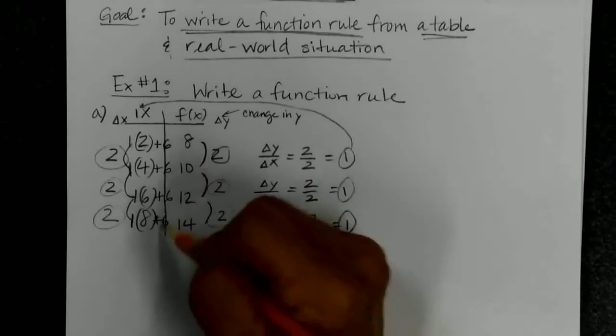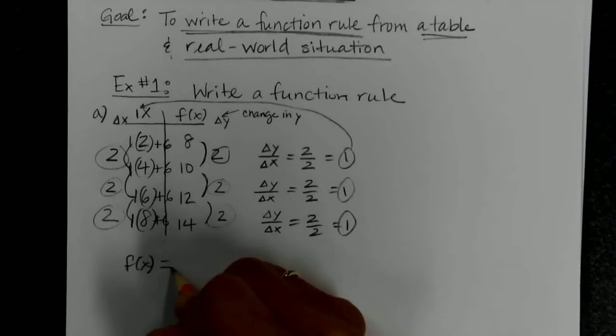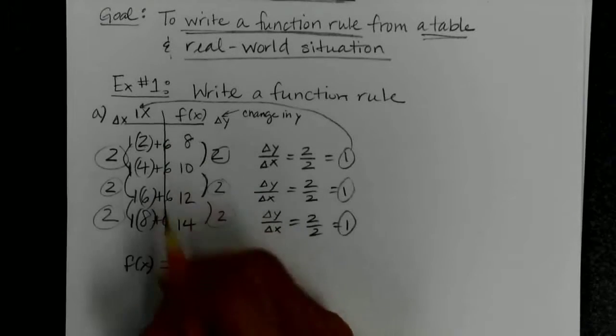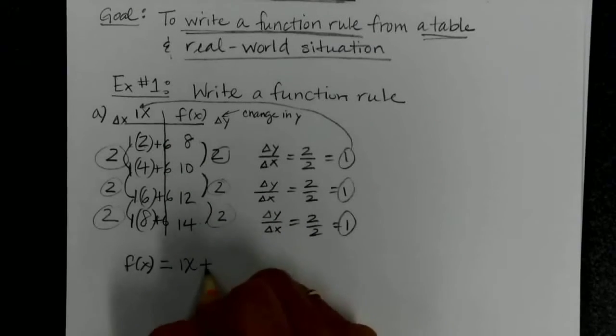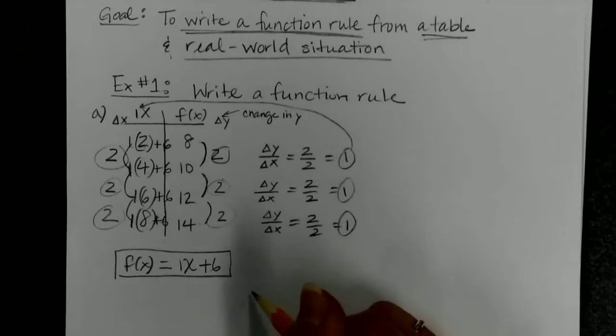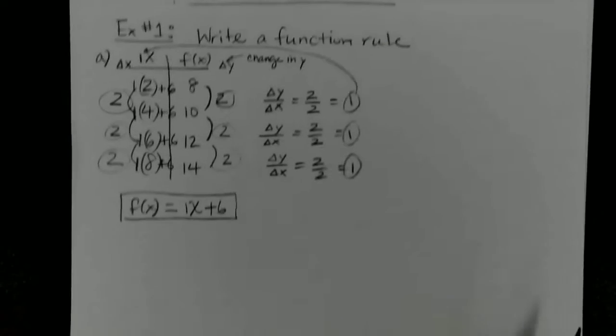So my function rule is f of x equals 1x plus 6. This equation will create this table when you plug in your different domain.